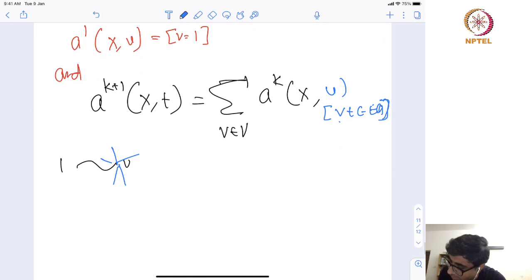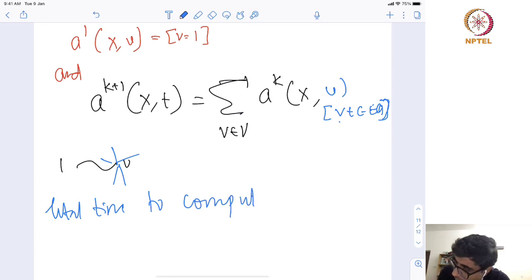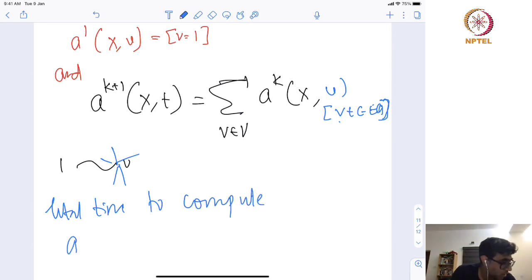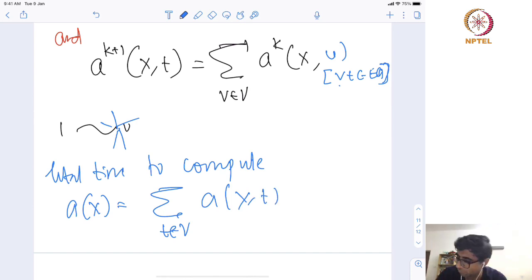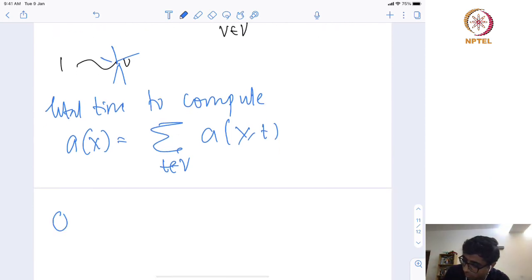So, the total time to compute A of x is the same as the sum over t in V of A(x, t). You can very well check that this is all polynomial time. So, you can compute A of x in polynomial time.